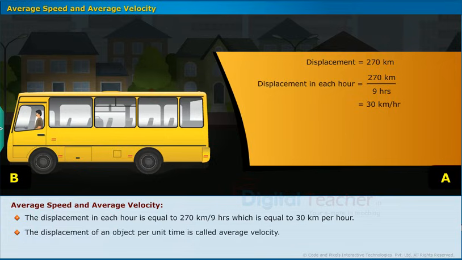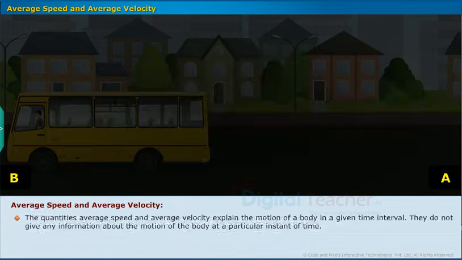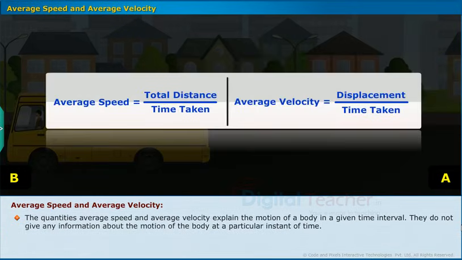The displacement of an object per unit time is called average velocity. Average velocity is a vector and is along the direction of displacement. The quantities average speed and average velocity explain the motion of a body in a given time interval. They do not give any information about the motion of the body at a particular instant of time.